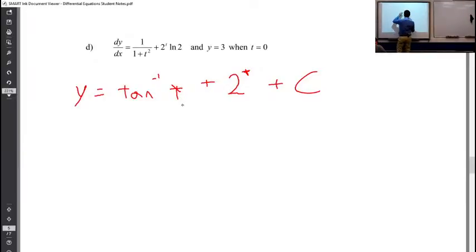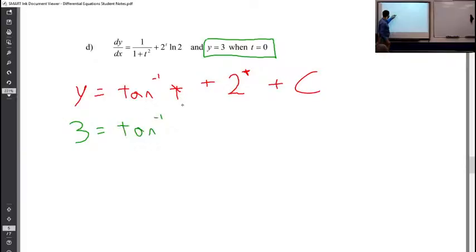And now we're going to be using our initial condition. When t is 0, y is 3. So we're going to put 3 in for y, and then we're going to put 0 in for t. And we got to make sure that we are careful and know what each one of these are.